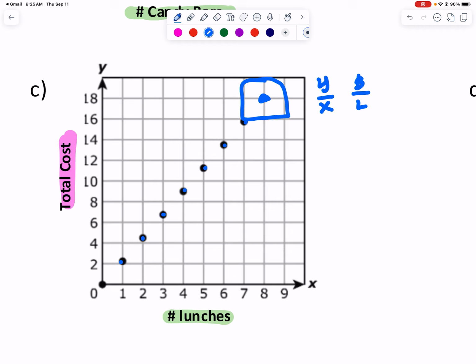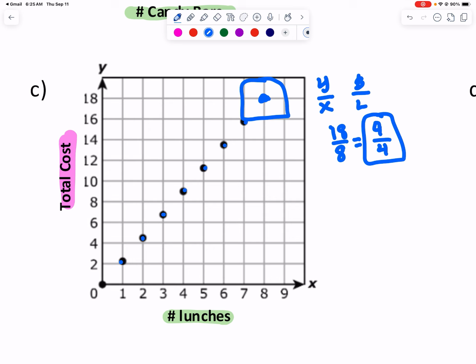So I want the y value, which is 18. Compare it to the x value, which is 8. And I should probably reduce it. So let's divide those both by 2. That would be 9/4. Now, this is a correct answer. This is the slope. But when we're talking about money, we don't usually leave money problems in fraction form.